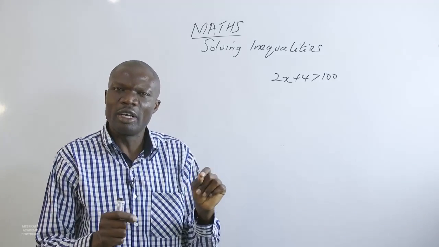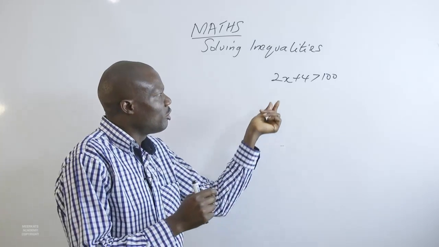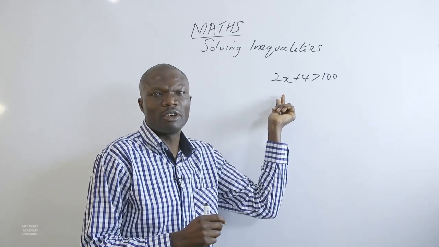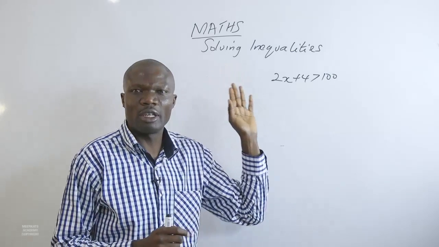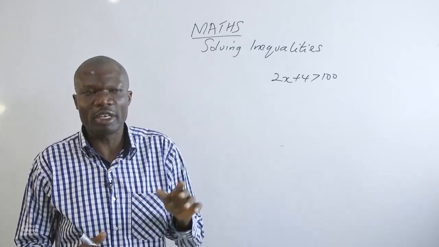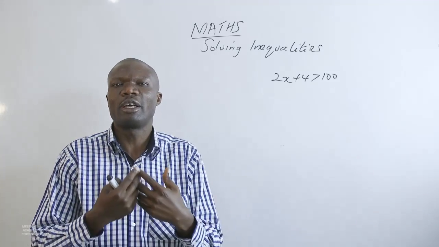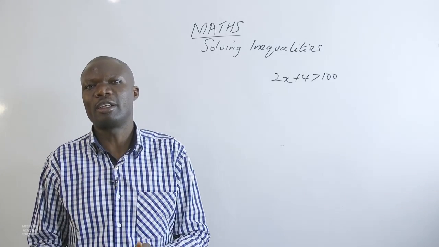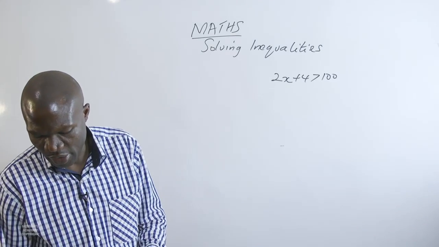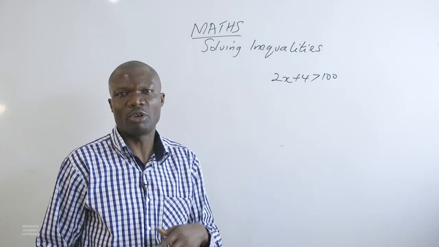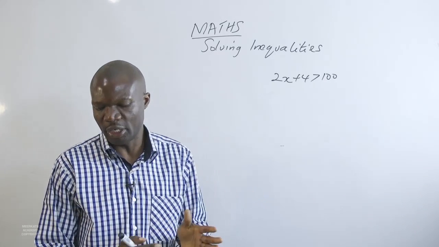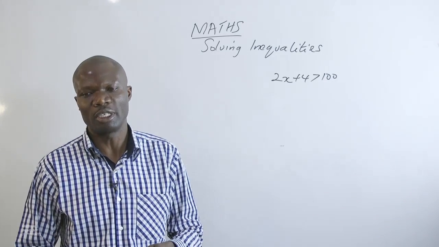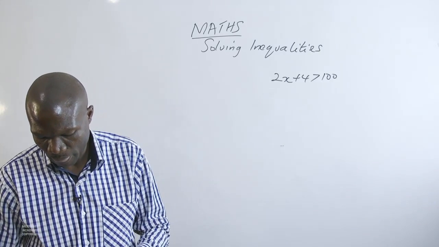But we want to find the true values for x on this inequality. For us to do that, we need to solve the inequality. Solving an inequality is done in the same manner as in an equation, considering the right-hand side and the left-hand side until we arrive at the simplest inequality.